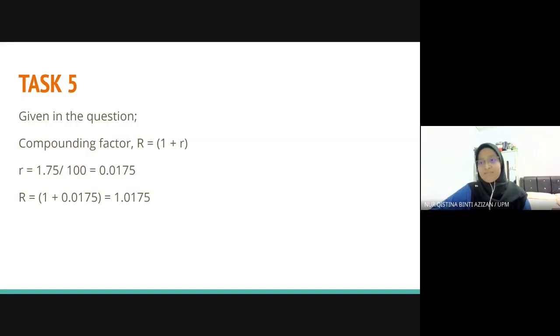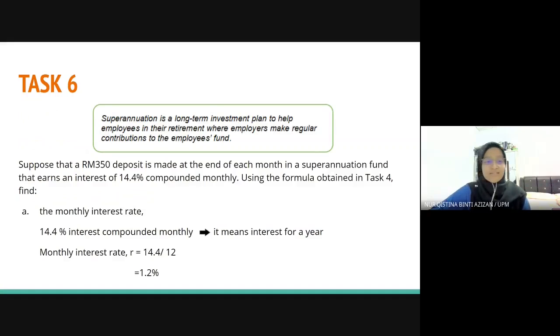So for task 6, the question is about the monthly interest rate. Given that the compounded monthly interest is 14.4%, compounding monthly means the interest is given per year. In order to get the monthly interest rate, we need to divide by 12, for a month.